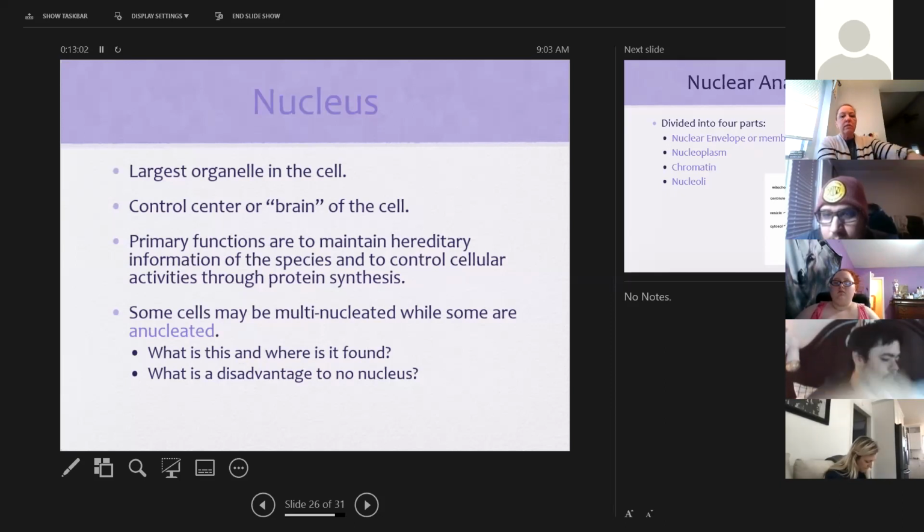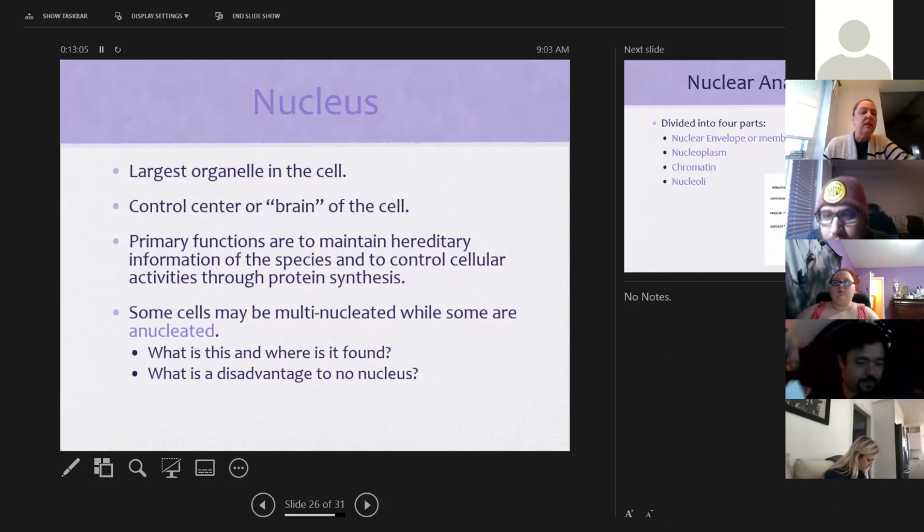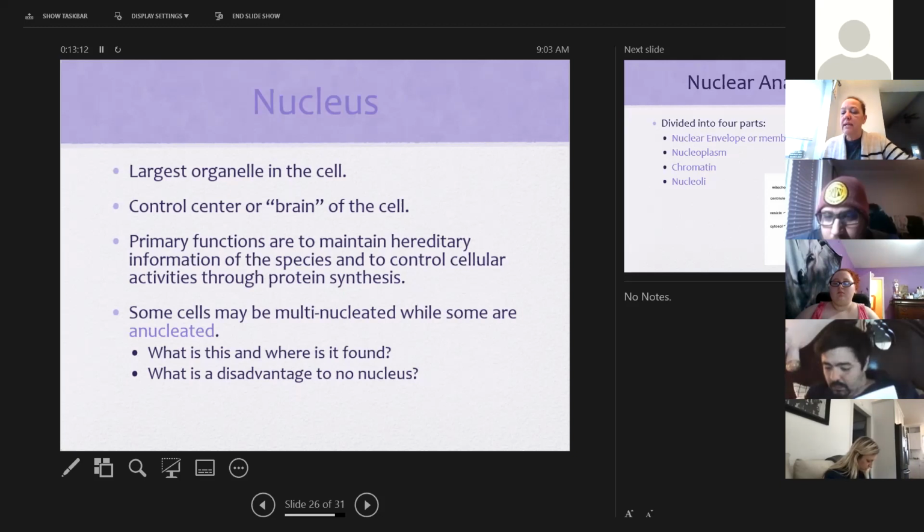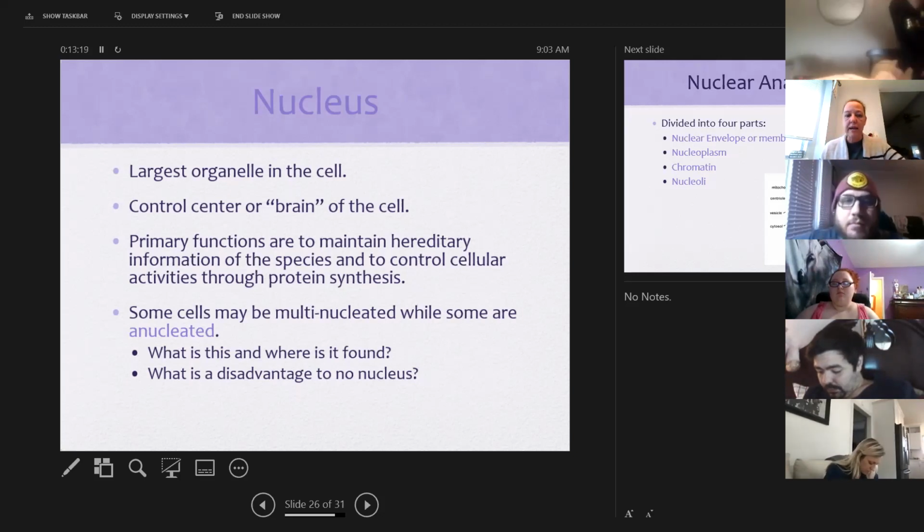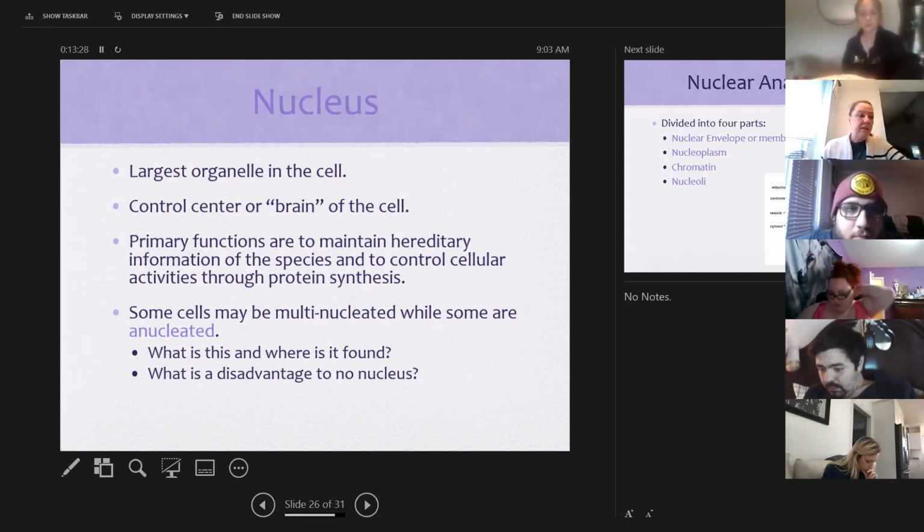If my tanker truck was already half full with a nucleus, then I'm decreasing the carrying capacity. The erythrocyte doesn't really need a nucleus because it has one singular job. It doesn't need to assess and it doesn't need to interact. One of the disadvantages, though, is that it only has one purpose and it can never deviate from that. So it doesn't really have the ability to make decisions, so to speak.